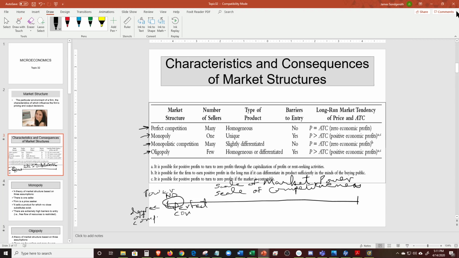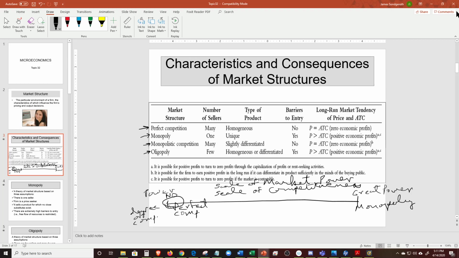perfect competition. And on this end would be great power as far as power in the market goes, and this would be monopoly.